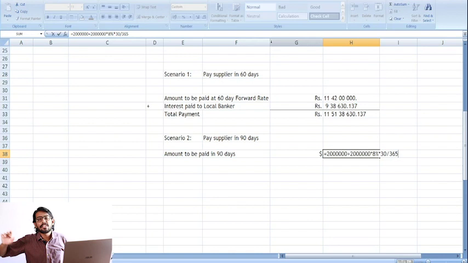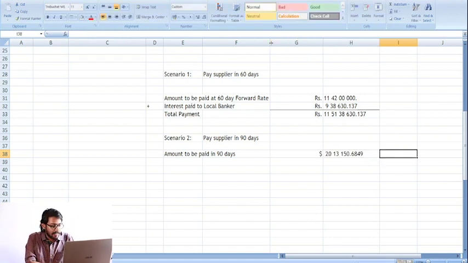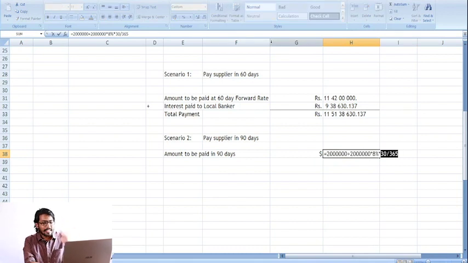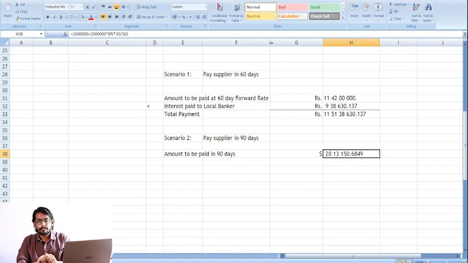Normally we take 1.08, but 30 by 365 comes to an odd figure, so we are adding it this way. Okay, 20 lakh plus 20 lakh into 8%, which normally we did as 20 lakh into 1.08, but here 30 by 365 is confusing. That's why I did it this way. You will get 20 lakh 13,150. This is the amount.